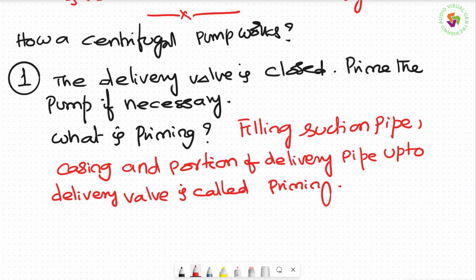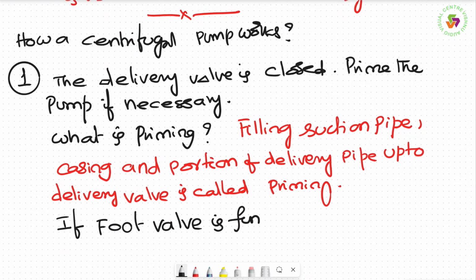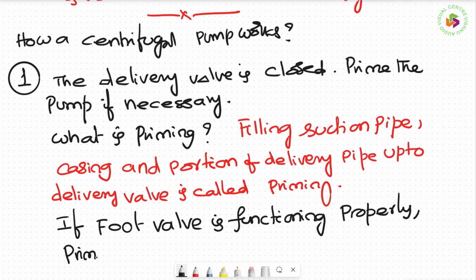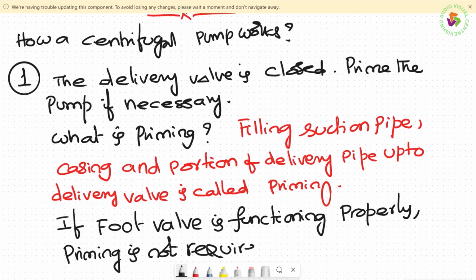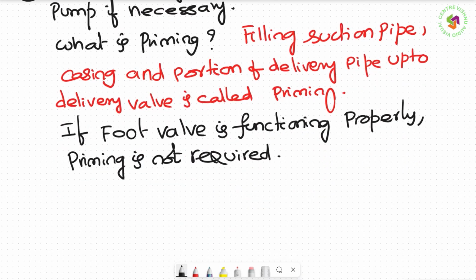So this is the first thing. So do it. If the foot valve is functioning properly, priming is not required. So this is the first step.